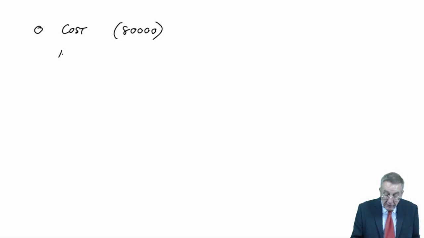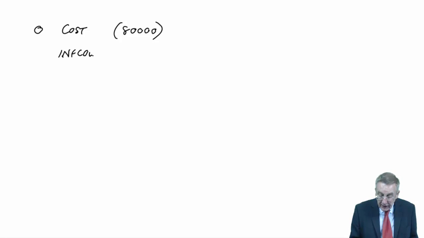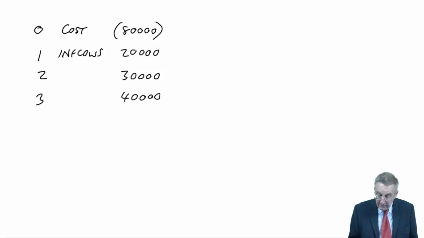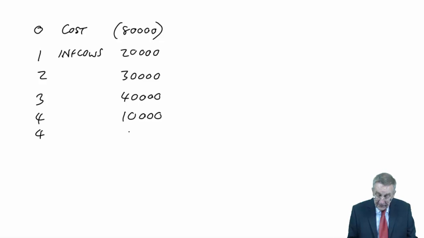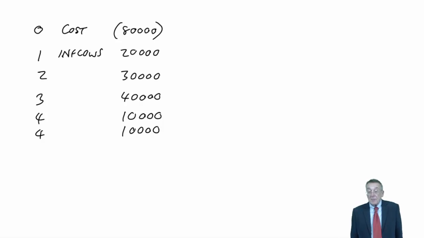We then get net receipts, inflows, of in 1 year 20, in 2 years' time 30, 3 years' time 40, 4 years' time 10, and then in 4 years' time we get another 10,000, the scrap value. And by all means, we just put those two together and say it's 20,000.